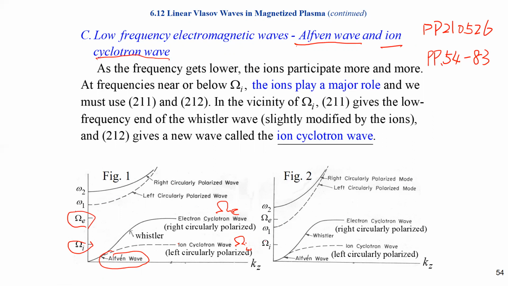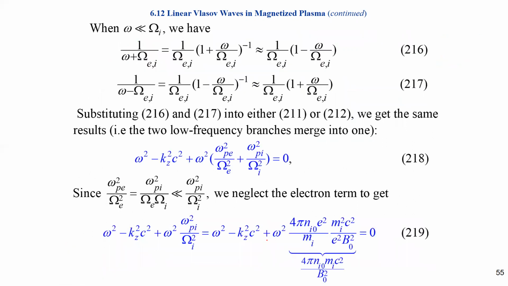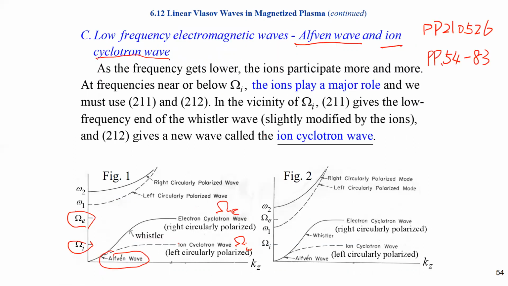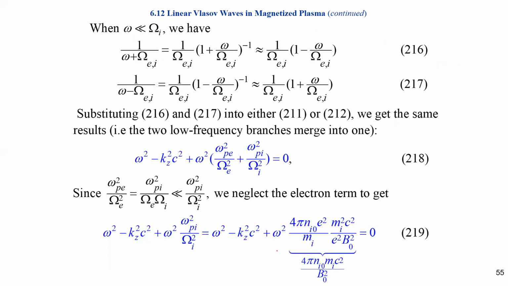Okay. Just like the previous case, the frequency is relatively lower than the ion cyclotron frequency. The ion cyclotron frequency is here, and we just consider these low frequency regions. So omega is much lower than this one.